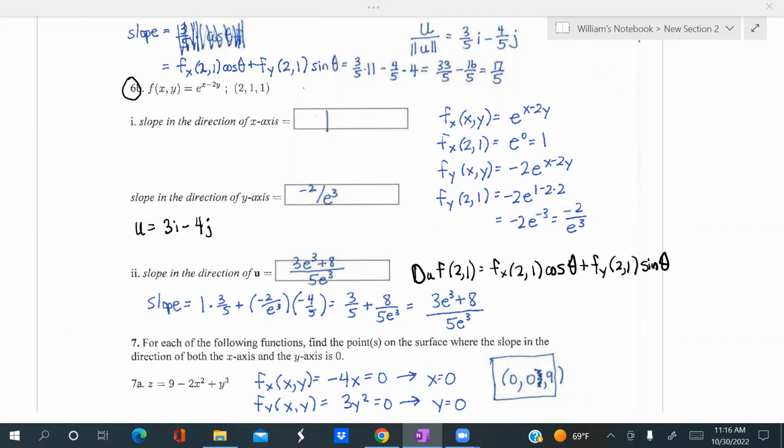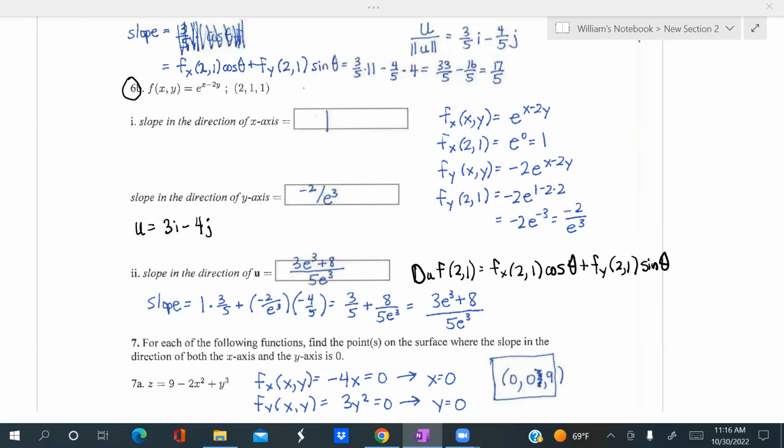First, we want to find the slope in the direction of the x-axis. Remember, that's very straightforward. The slope in the direction of the x-axis is just the partial derivative with respect to x, evaluated at the xy coordinates of your given point on the surface.